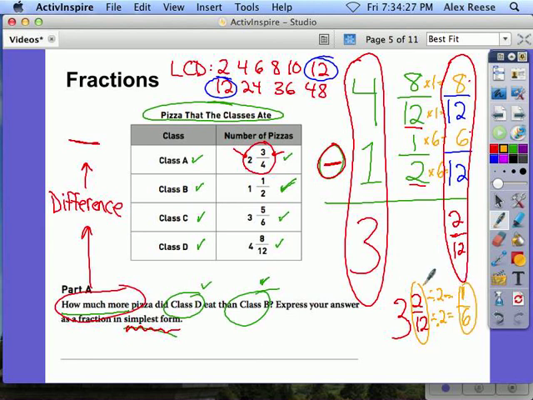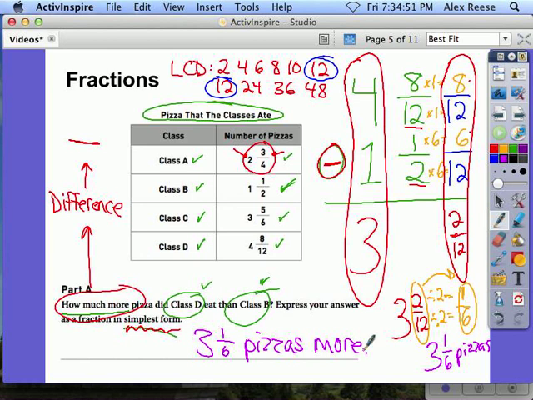I rewrote it in lower terms. And I can't forget my whole number, so my full answer in simplest form is 3 and 1/6 pizzas. Don't forget units. To state my answer in a complete sentence, I would say Class D ate 3 and 1/6 more pizzas than Class B.